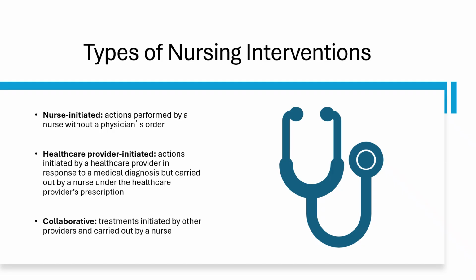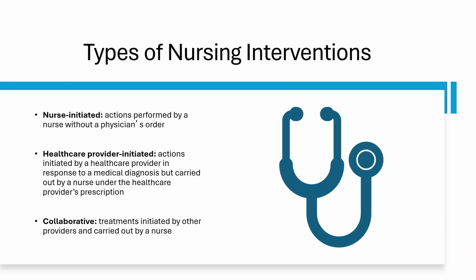And the third type of intervention is collaborative interventions. These involve working with other members of the healthcare team, like physical therapists, dietitians, social workers. Some examples include coordinating discharge planning, participating in interdisciplinary rounds, implementing a rehab plan. These interventions address complex patient needs that require shared expertise.